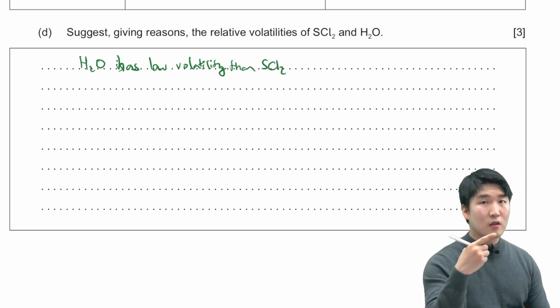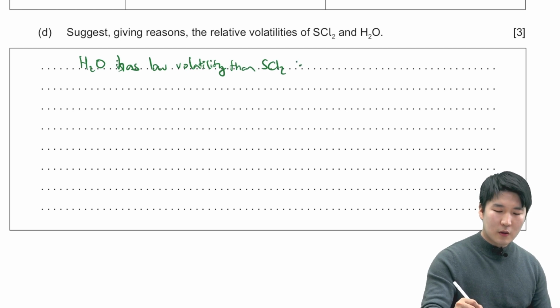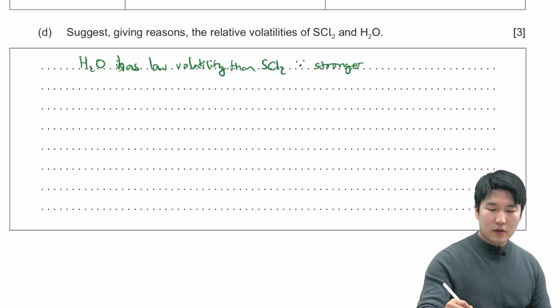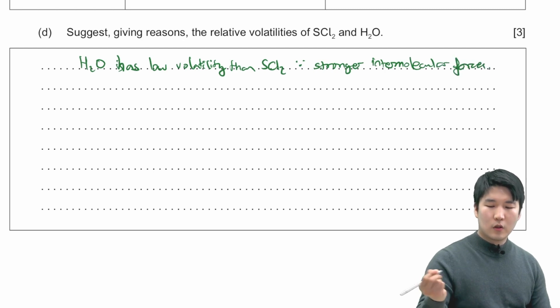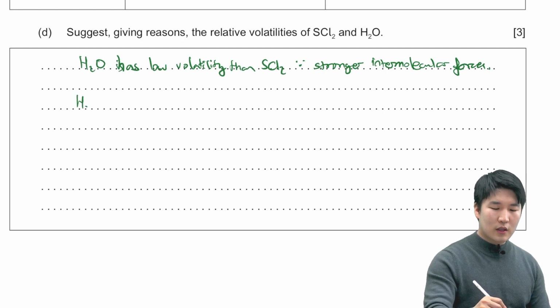In other words, water has higher boiling point because of stronger intermolecular forces. And why does water have stronger intermolecular forces? Water has hydrogen bonding.